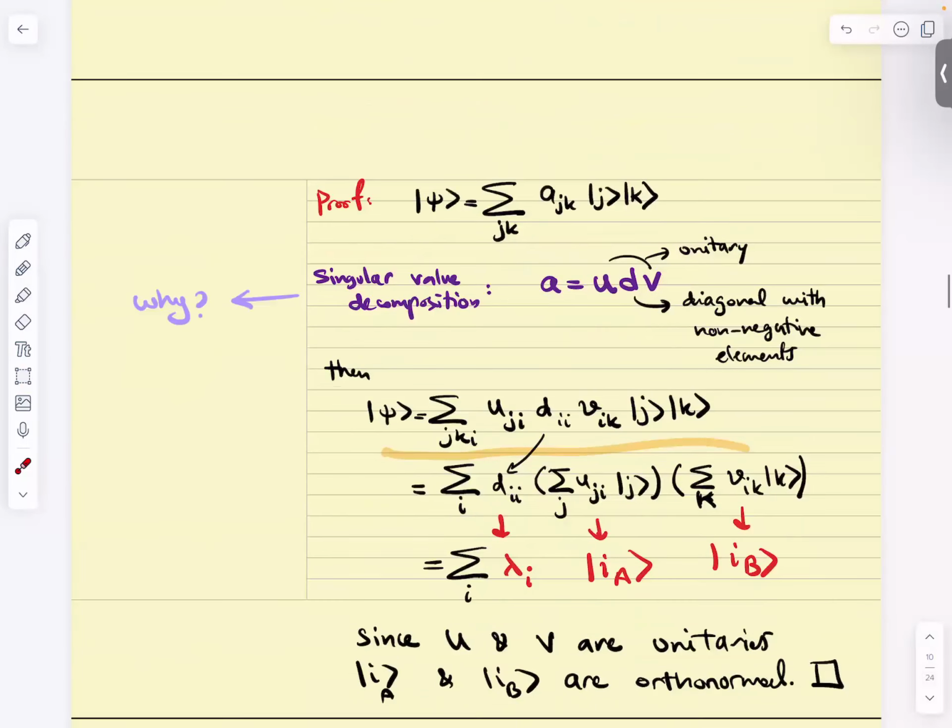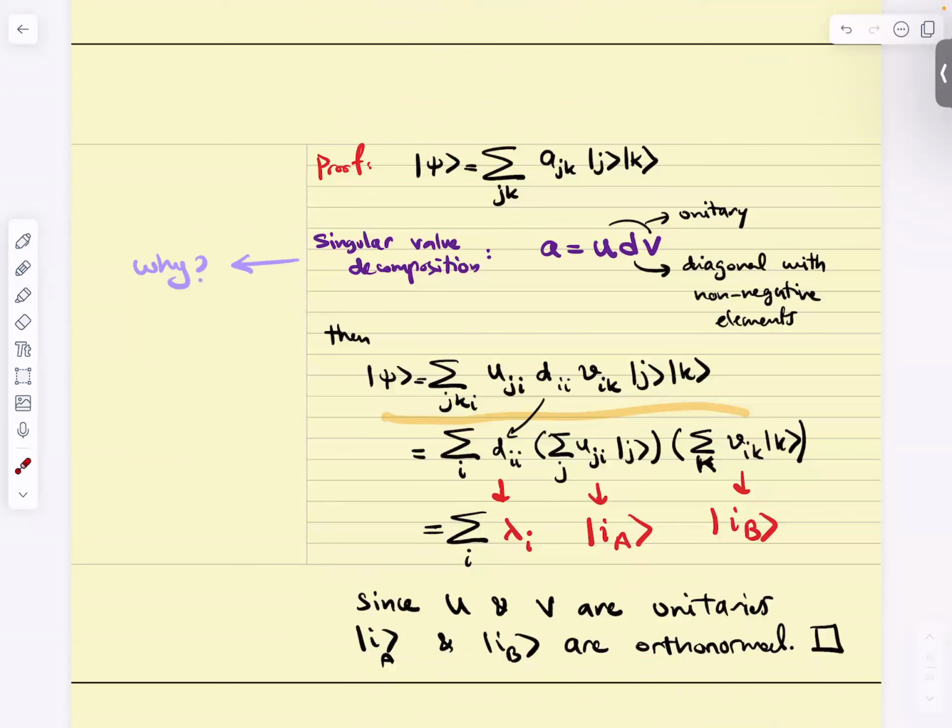Coefficients, Schmidt coefficients. There you go, you proved it. Now, how do you make sure that the set of kets |i_A> are orthonormal? Well, it's a one-liner. Take the inner product of them and use the fact that U is a unitary. It's just a rotation. Similarly for the |i_B>s.